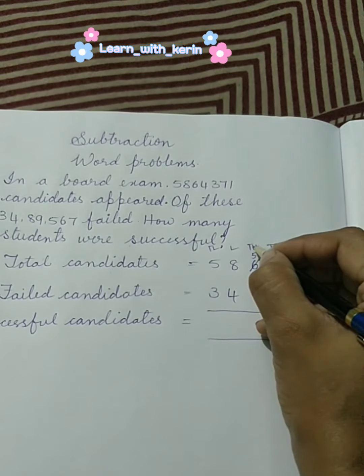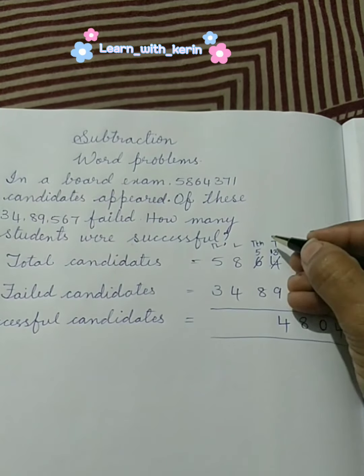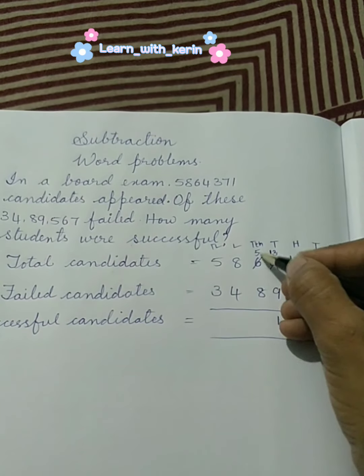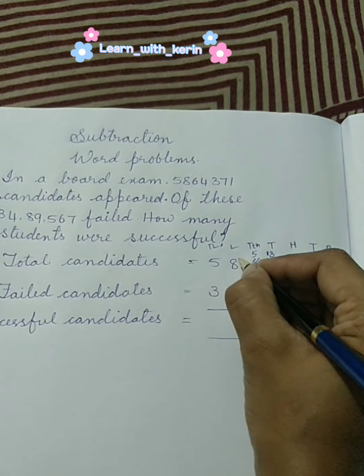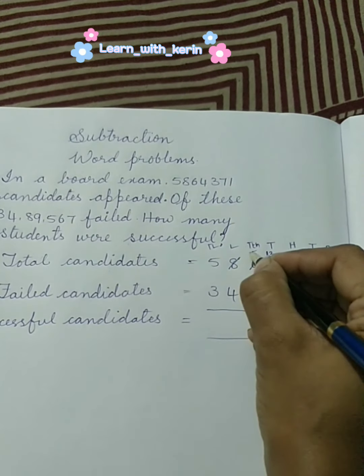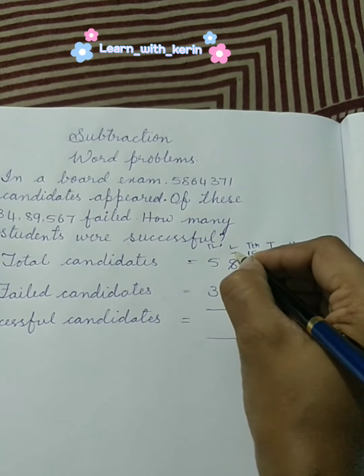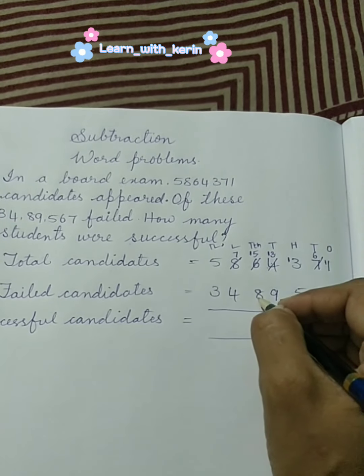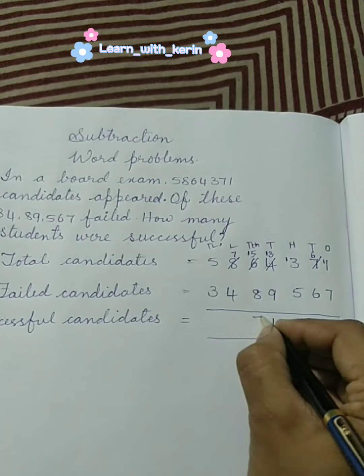Next we'll subtract numbers in the 10,000 place. In the 10,000 place, up we have 5 and down we have 8. 5 is smaller than 8. We cannot subtract directly. So from 8 we'll give 1 here, and 8 minus 1 is 7. After getting 1, this number became 15 now. In 15, if I subtract 8, the remainder would be 7.